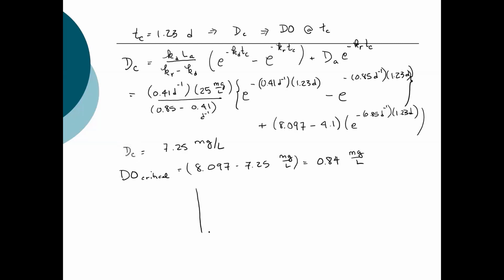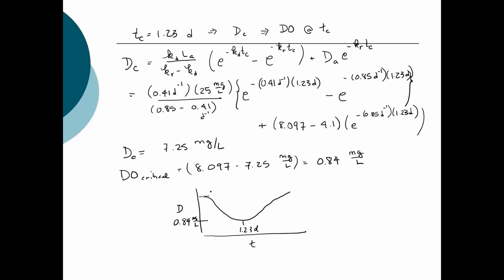Let's draw another graph of the dissolved oxygen or deficit concentrations. So we've plotted deficit versus time, and you can see how that decreases over time. And we have a concentration of 0.84 milligrams per liter at a travel time of 1.23 days.